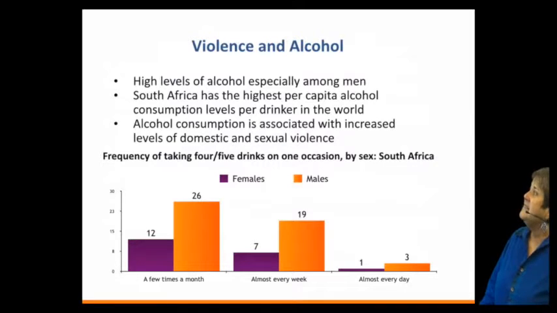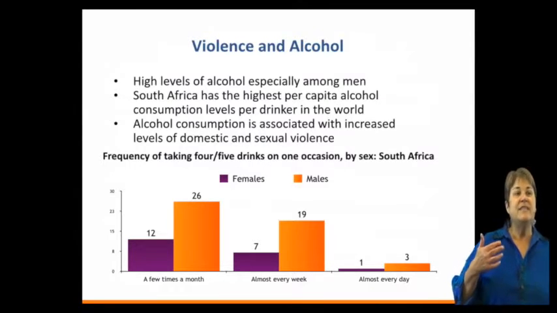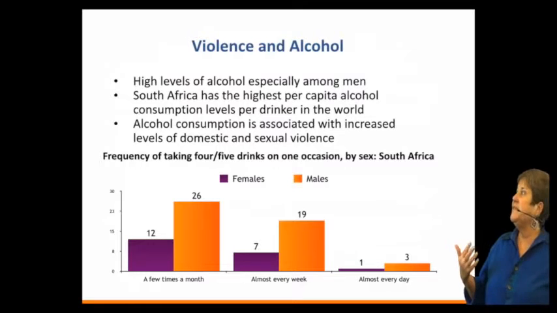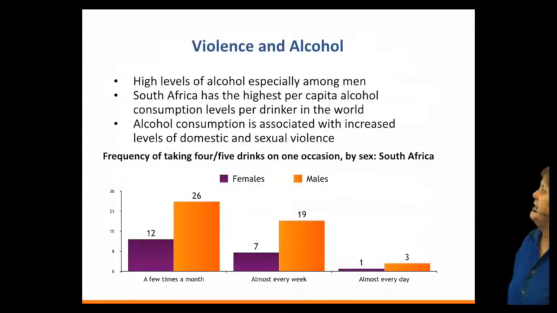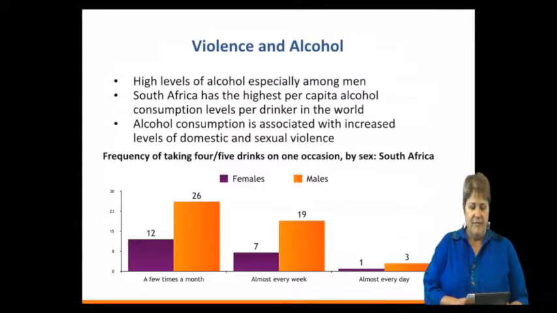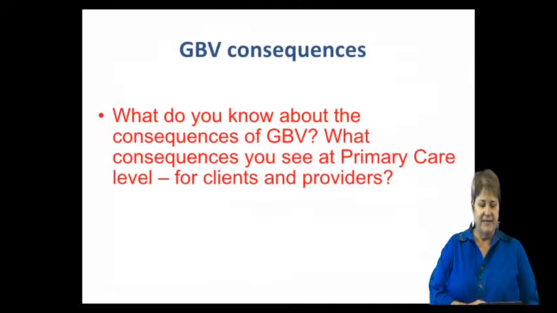South Africa has the highest per capita alcohol consumption per drinker in the world. And alcohol is really binge drinking in South Africa. So it's not that people drink all the time, but there are particular times when they drink a lot, and then they're at particular risk of engaging in violence. And it's definitely associated with increased levels of sexual and domestic violence.